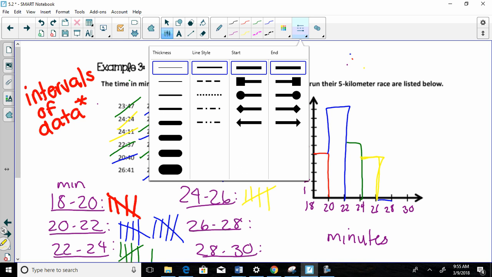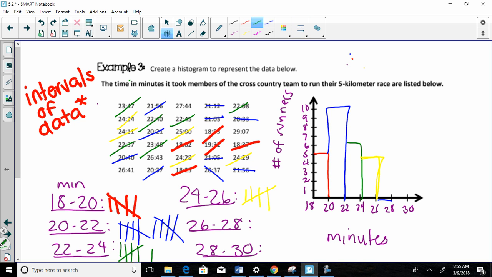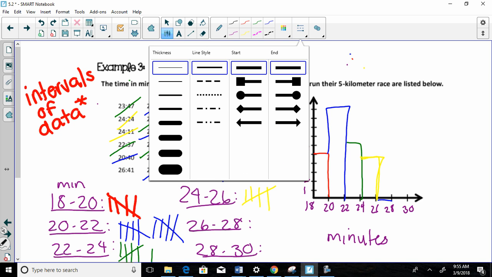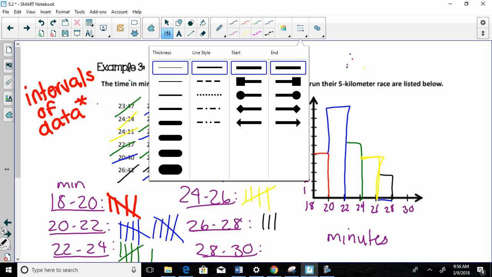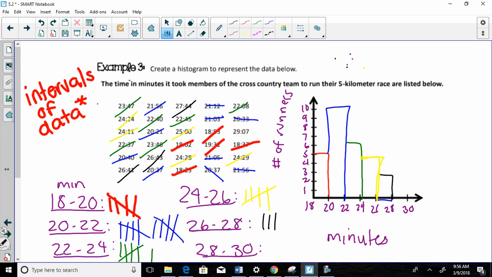Next one. 26 to 28. 1, 2, 3. That's it. And 28 to 30. I think there's just one. Yeah, one slow poke here.